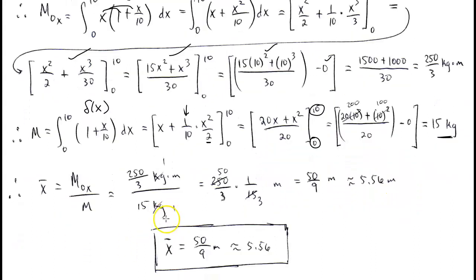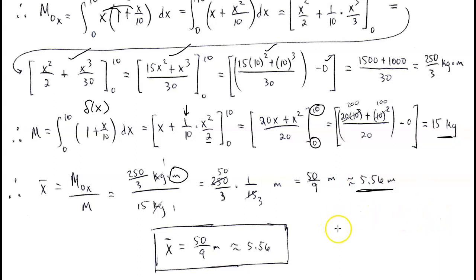So once we're done, then of course our center of mass is just going to be the moment, 250 divided by 3 kilogram meters, divided by our system mass, which is 15 kilograms. And of course, those kilogram units cancel, and all we have left is the distance. So once we're done doing all the math here, we see that we roughly get about 5.56 meters.